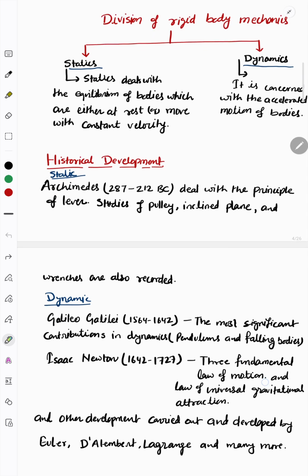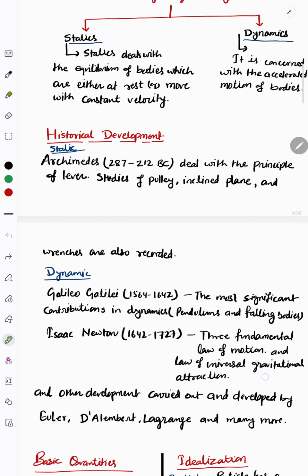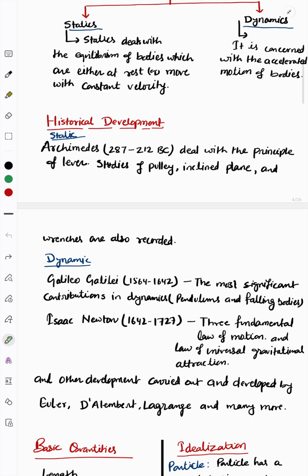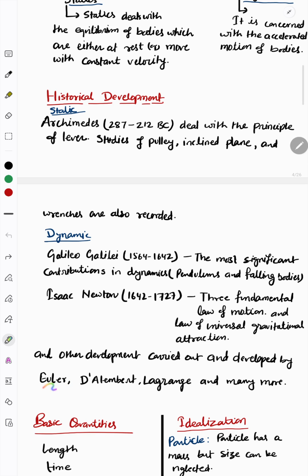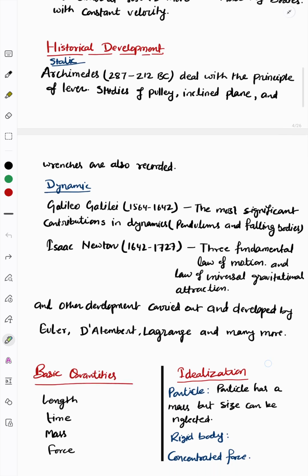As you read, you will get the details about Archimedes, Galileo Galilei, Isaac Newton, Euler, D'Alembert, Lagrange, and many more scientists who made very important findings. We are still using those, and they are very much applicable for our study.